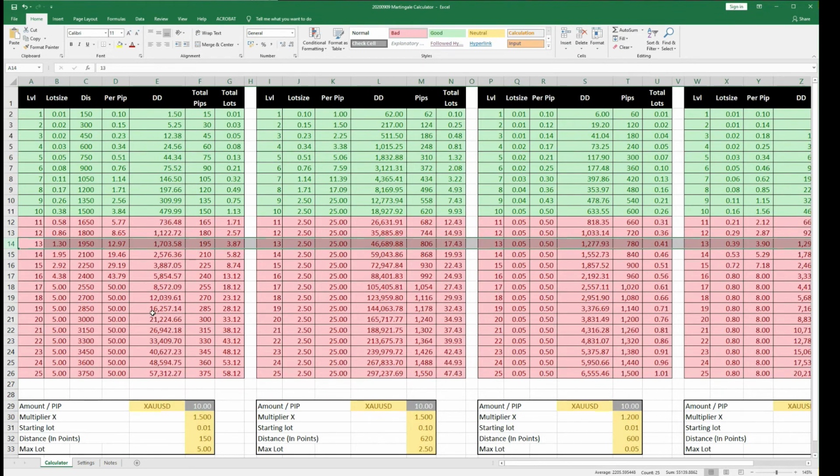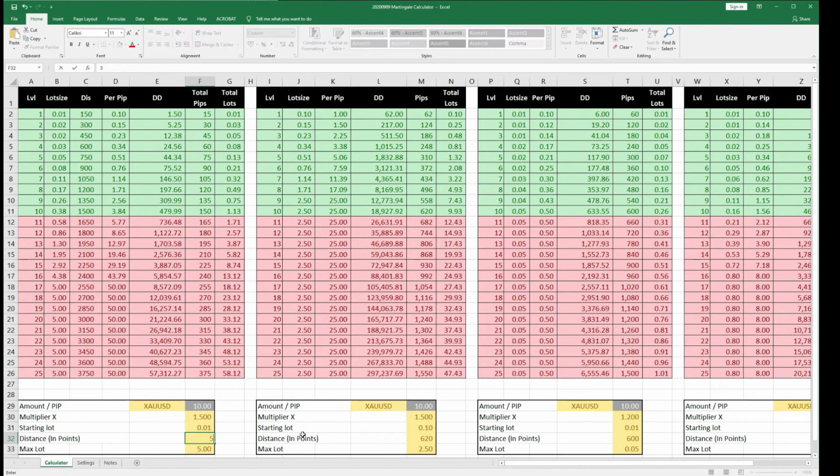Most people would also tell you to use a higher distance for gold, because of the amount of movements, how it can just spike, that kind of thing. So if you use 500 distance, your account, if you're running $1,000, should be able to survive a $35 movement.